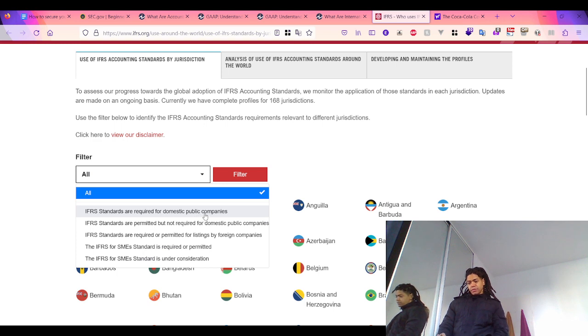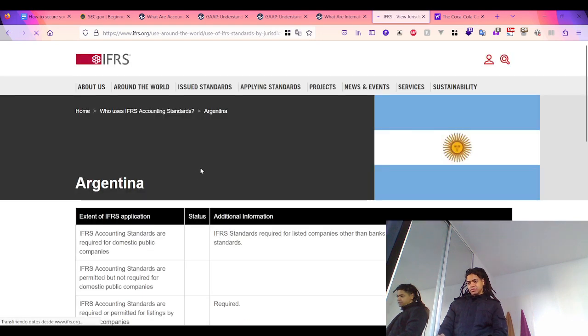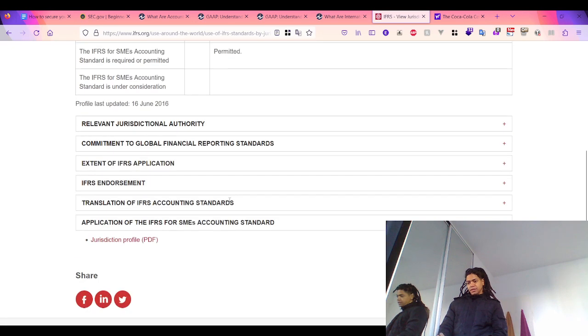For domestic public companies, IFRS standards are permitted but not required. Interesting. Required, permitted.